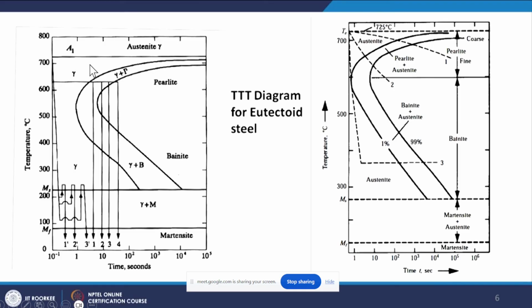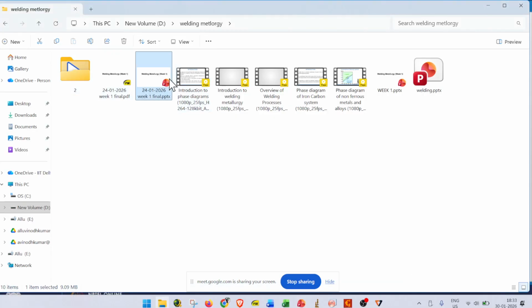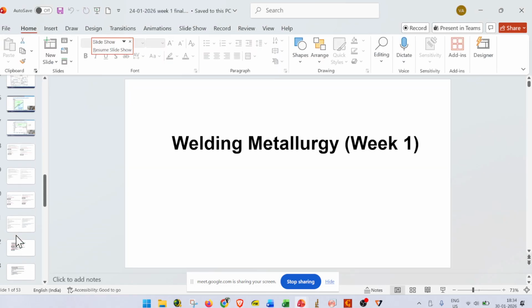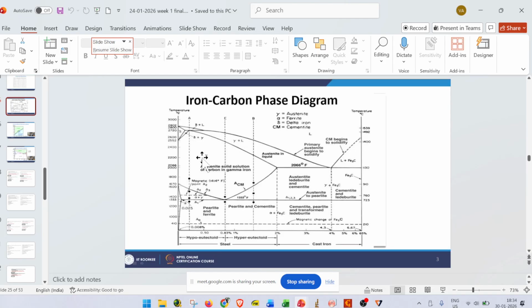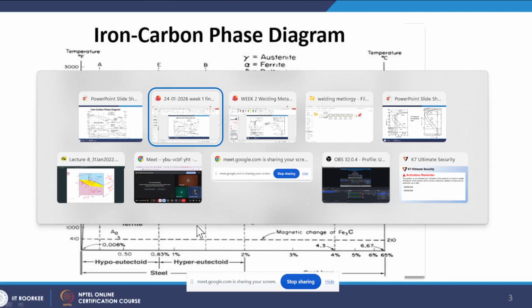This is for the iron carbon diagram I have shown here. At 700 degrees it will be the austenite phase, and how it transforms into the remaining pearlite and ferritic phases is what we are seeing here.